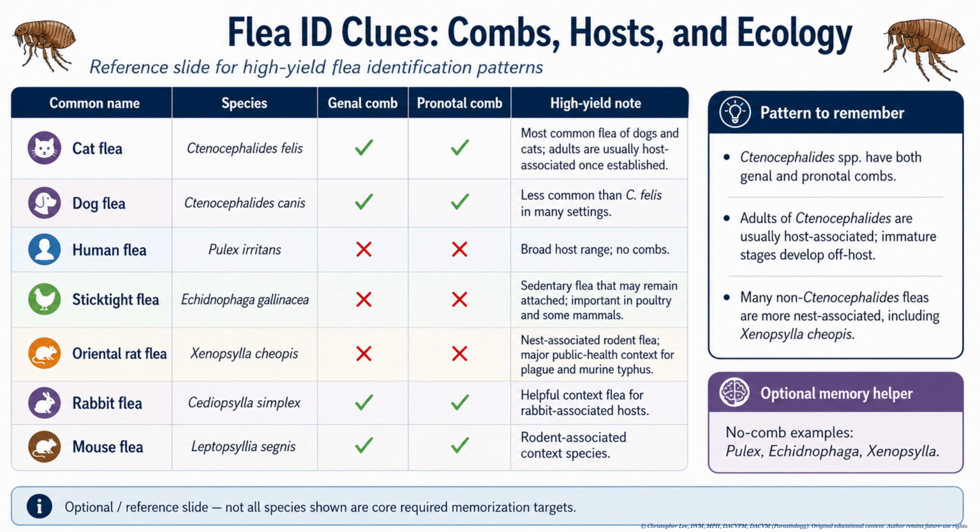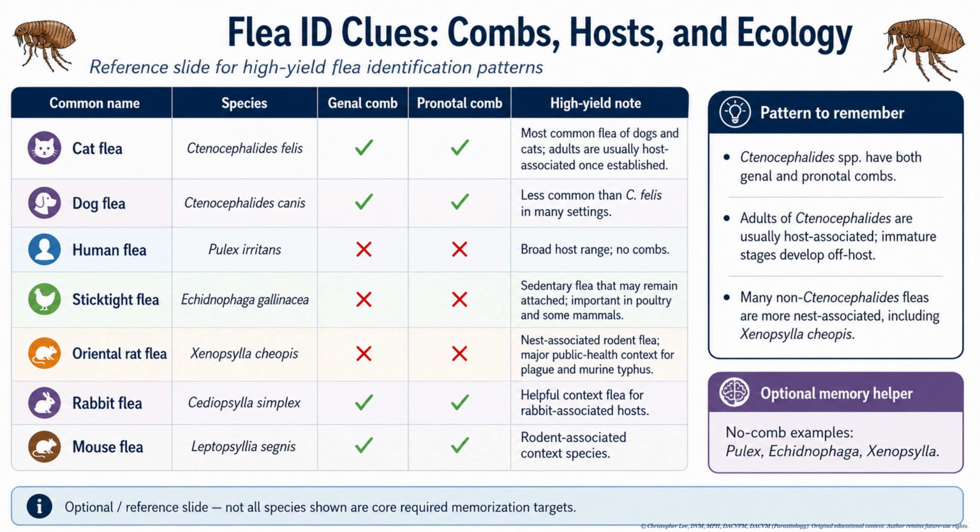A complete identification key may consider head shape, the presence or absence of eyes, the position of the ocular bristle, the mesopleural rod, and several other structures. One of the first high-yield questions, however, is whether a genal or pronotal comb is present. This chart is only a reference.